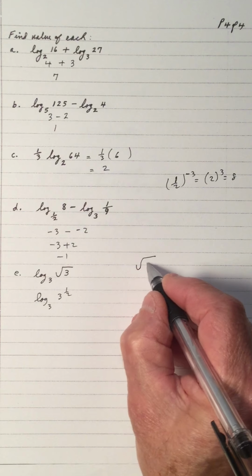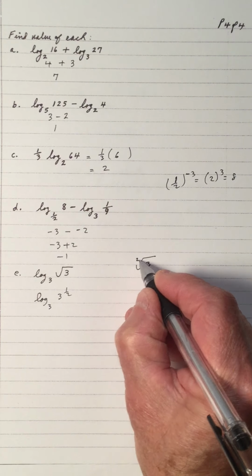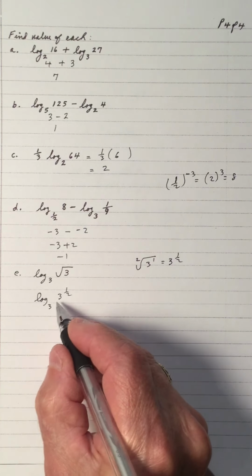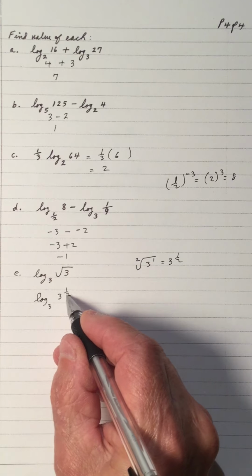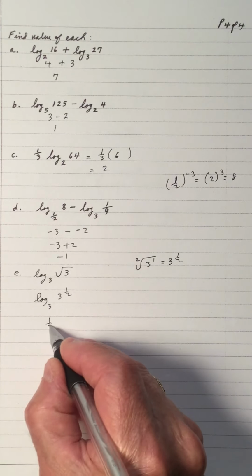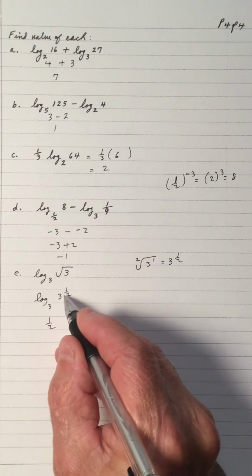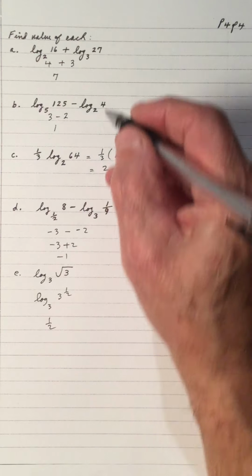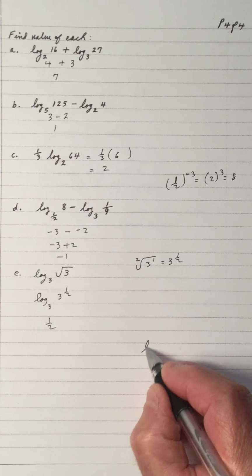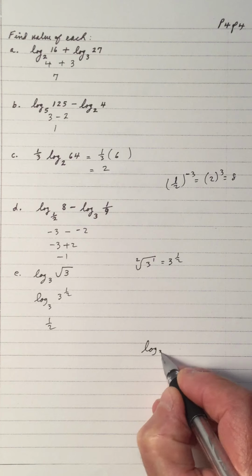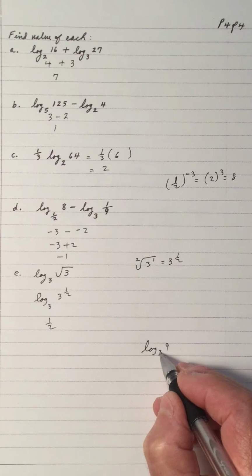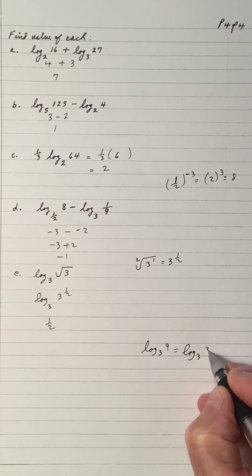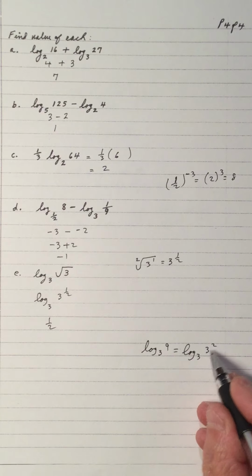So 3 to the 1/2 gives you the square root of 3, and the answer is 1/2. It's as if you took the log base 3 of 9. 3 to the 2 is 9, so it's a 2.